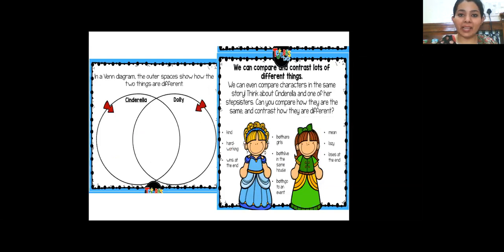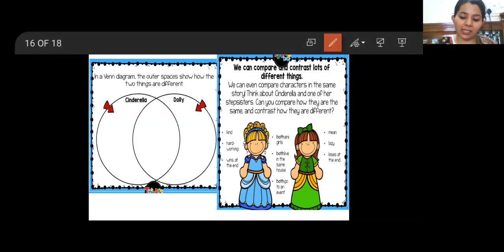I'm just showing you the variety of questions that can come for a Venn diagram. Now here you have a Venn diagram, two circles, one for Cinderella and another one for Dolly, one of the stepsisters of Cinderella, isn't it? On the right hand side, you can read the explanation.